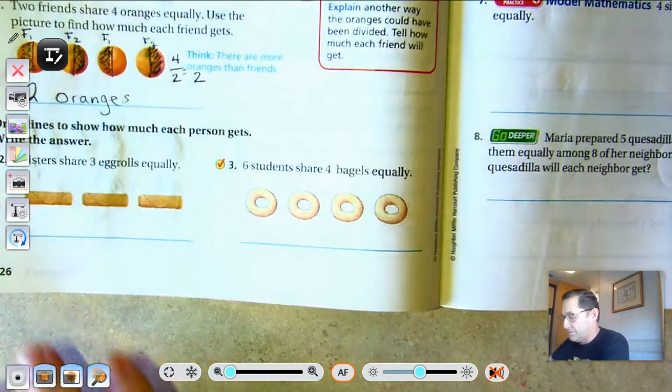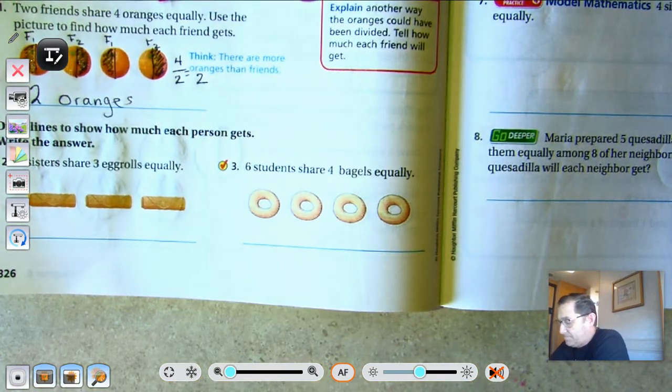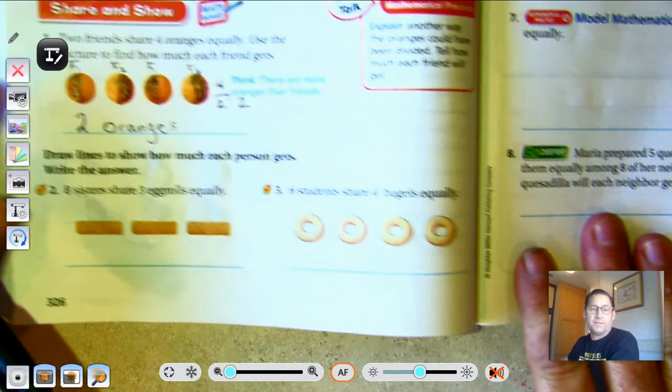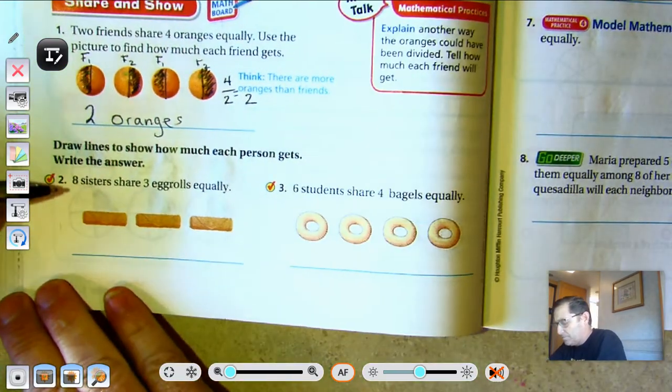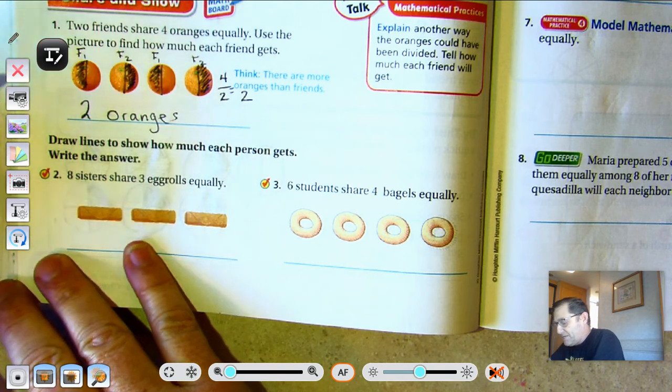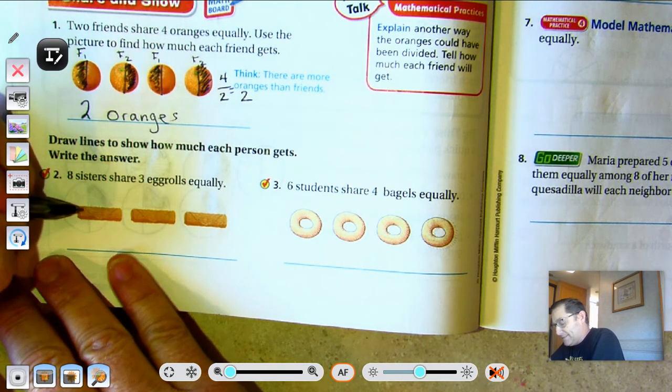All right, number two. Eight sisters share three egg rolls equally. Well, I'm just going to split each egg roll into eight equal pieces.